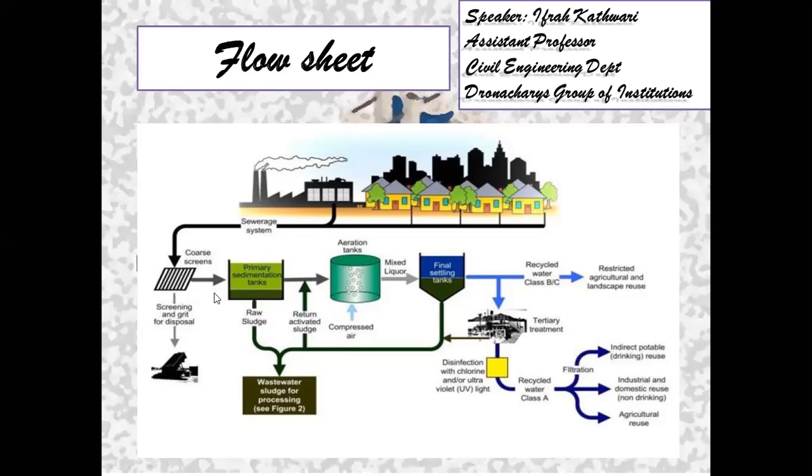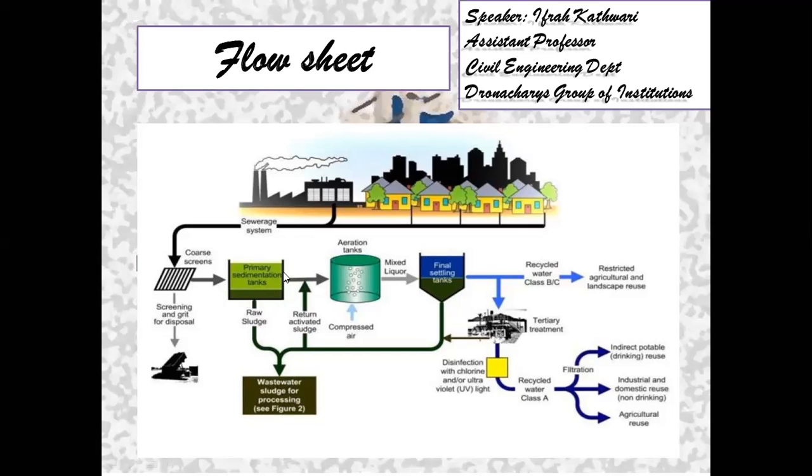Then after screening, the water goes through primary sedimentation, wherein the settleable particles settle down and the sludge is moved on to sludge processing. We process the sludge and we can use it as manure also.